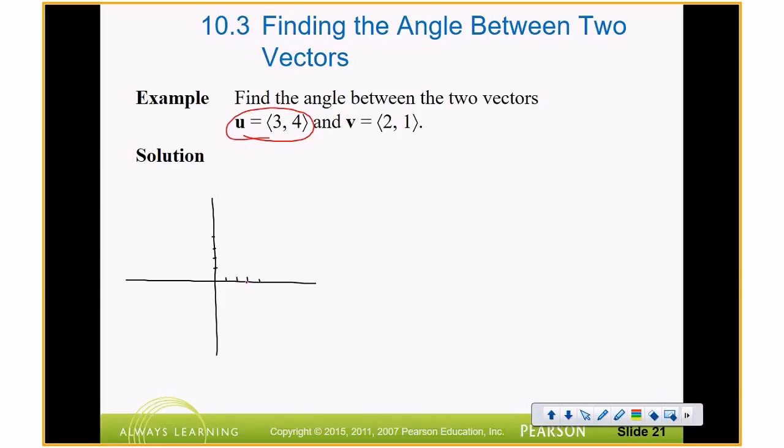Three and four. There's that vector. That's U. Then 2 and 1, do it in blue.